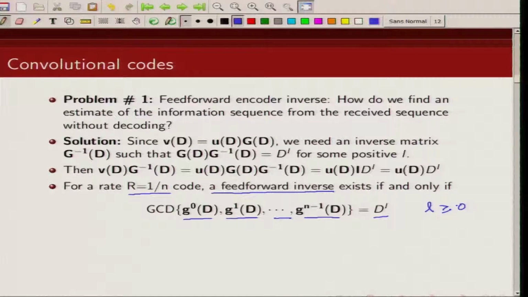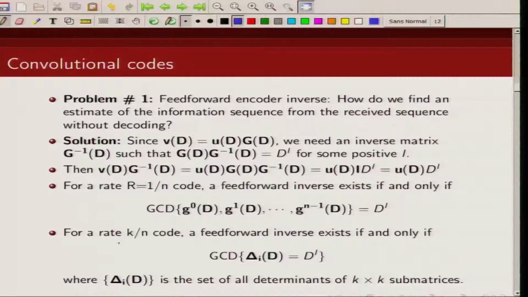So, we do not want these generator sequences to have any term common between them. If they have any common term, then a feedforward inverse would not exist; there will be a feedback inverse.